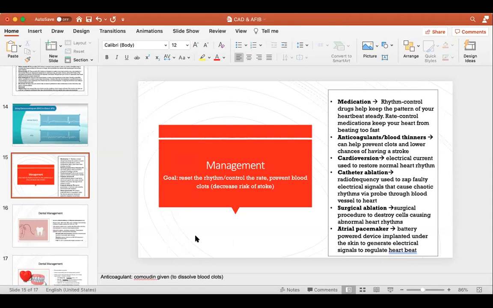Vitamin K dependent factors, which are 2, 7, 9, 10. 2 plus 7 equals 9, and what comes after 9 is 10. So 2, 7, 9, 10 is very important.